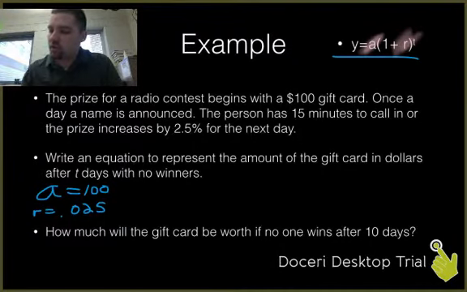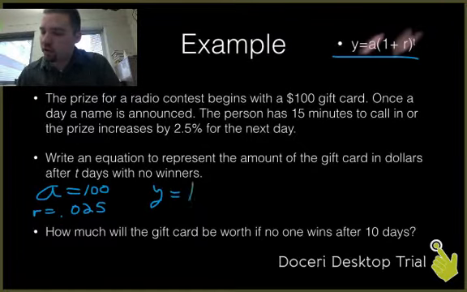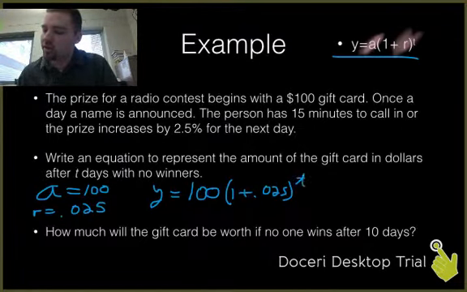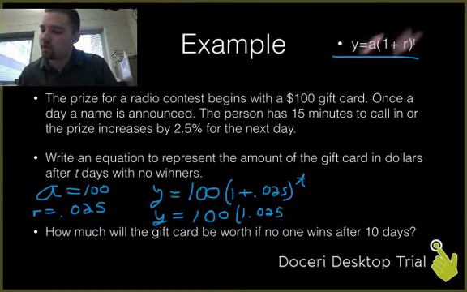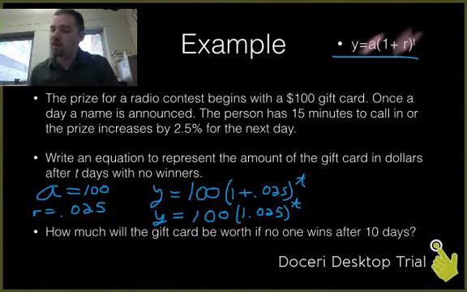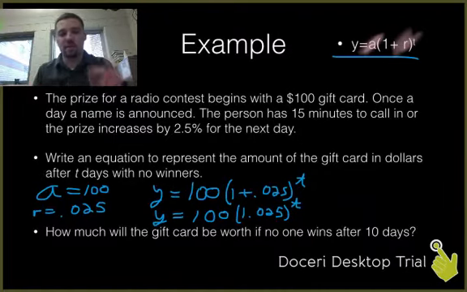So my equation is Y equals 100 times 1 plus 0.025 raised to the T. Or you could write Y equals 100 times 1.025 raised to the T. We would never do 100 times 1.025 and then raise it to the T. We have to write it as 100 times 1.025 raised to the T. And that's our growth model.